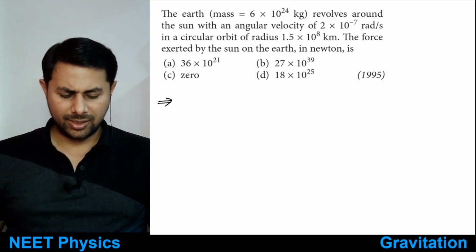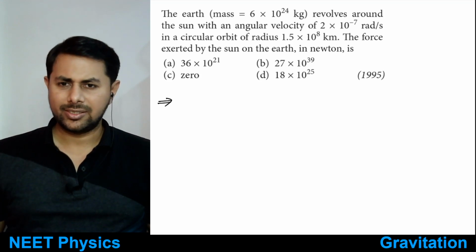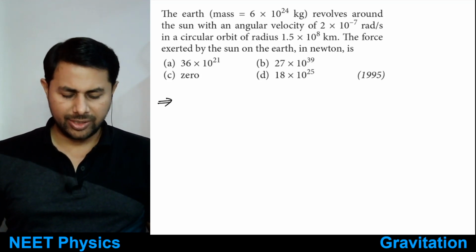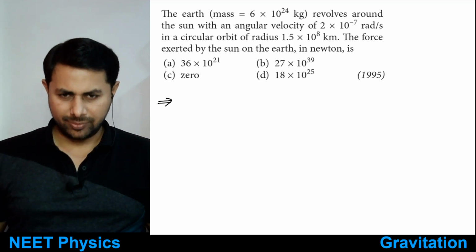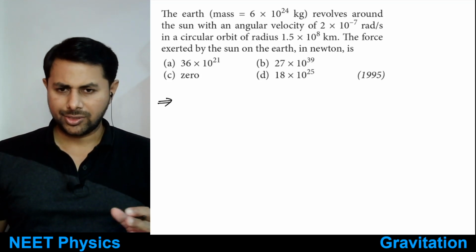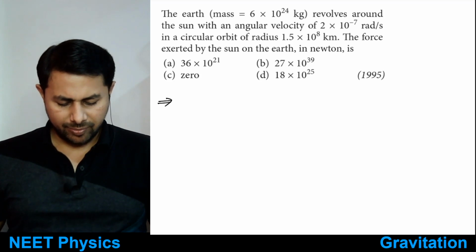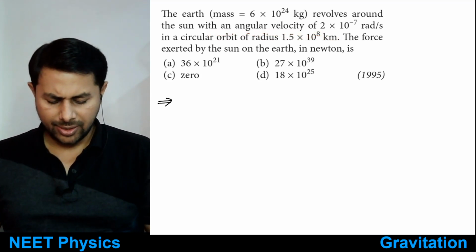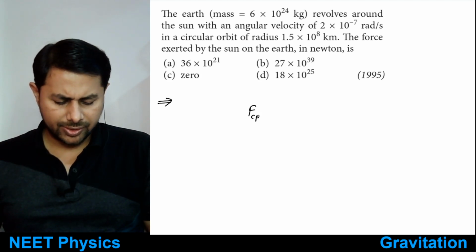So see here, the gravitational force provides centripetal force, right? So the force between sun and earth would be equal to, yeah, you can use mv square divided by r, but here the angular velocity is given. Okay, so which formula will you use?